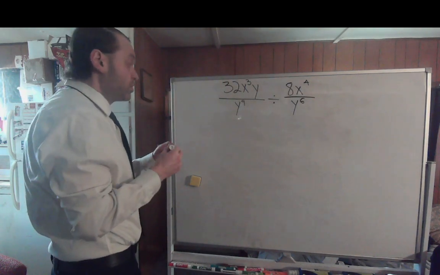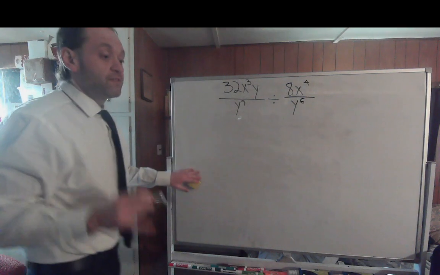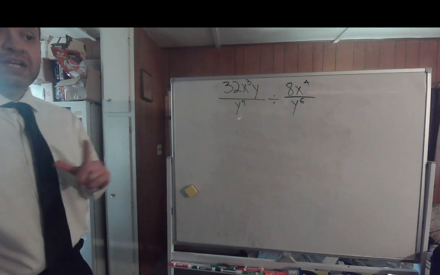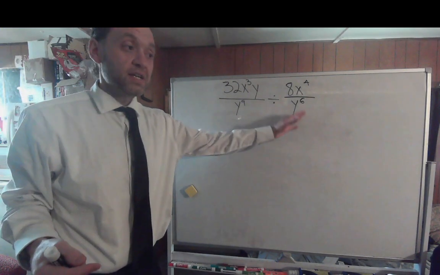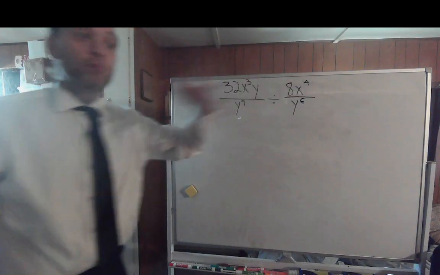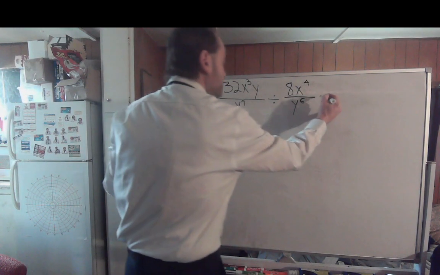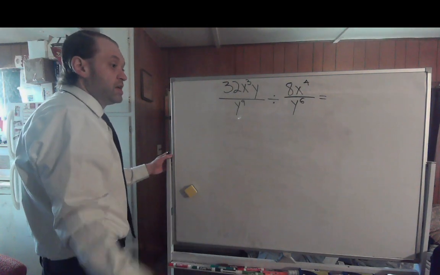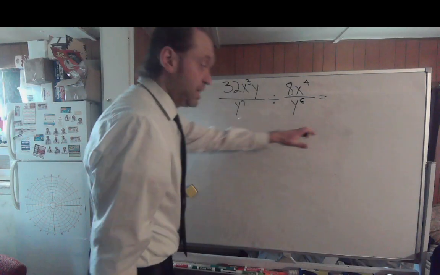Okay, when we divide fractions, who remembers what we do? When you divide fractions, your second term, you're going to invert and multiply. So whenever you have a fraction divided by a fraction, you invert and multiply the second term.